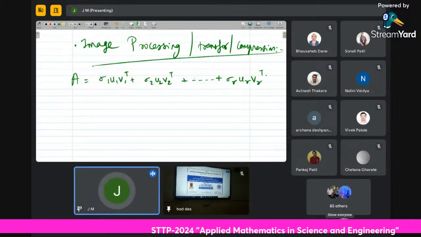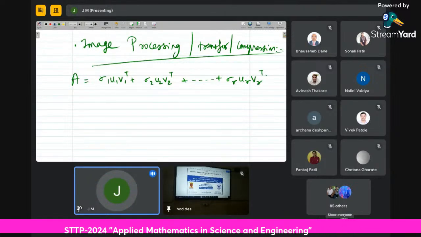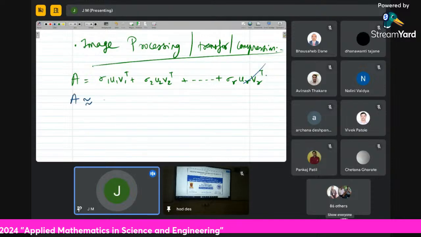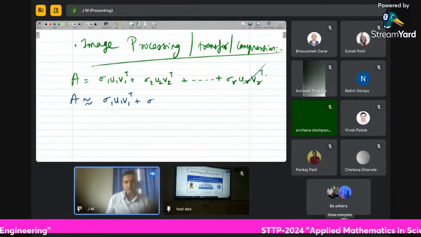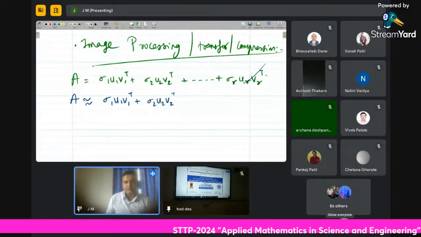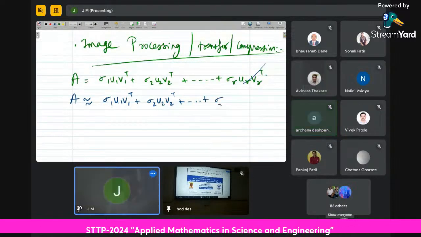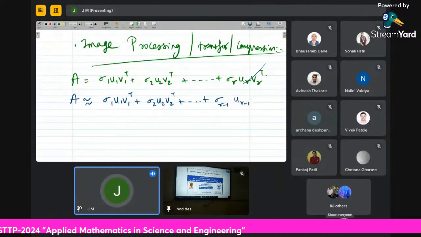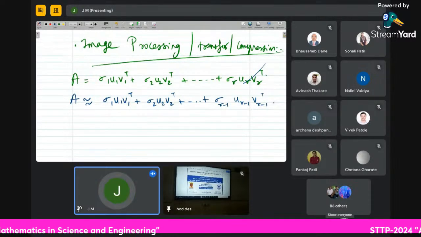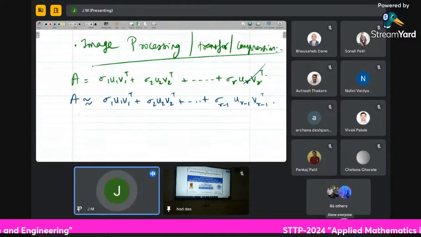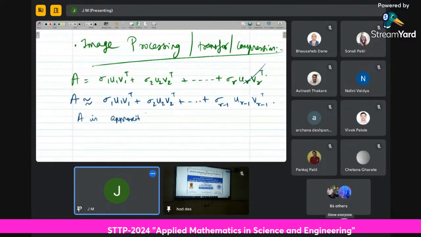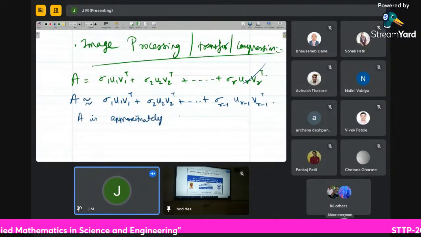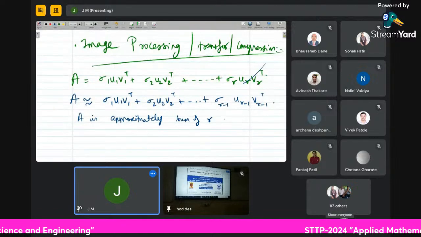Now, if I don't take the last matrix over here, then my A is approximately sigma 1 U1 V1 transpose plus sigma 2 U2 V2 transpose up to sigma R minus 1 UR minus 1 VR minus 1 transpose. That means A is approximately a sum of R minus 1 rank 1 matrices.